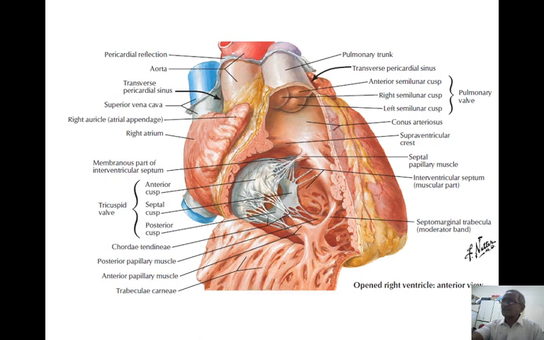Here this anterior leaflet is ending at the junction of the membranous and muscular part, or in the membranous part itself, whereas the septal leaflet is also joining here at the anteroseptal commissure, at the junction of the membranous and muscular part of the septum.